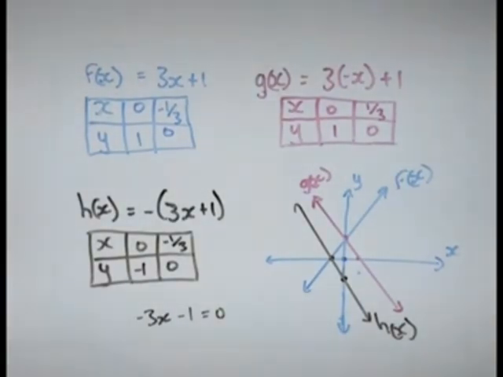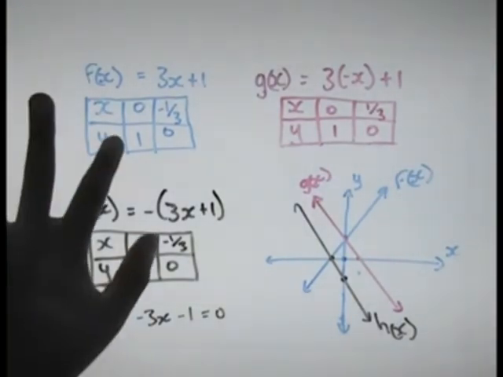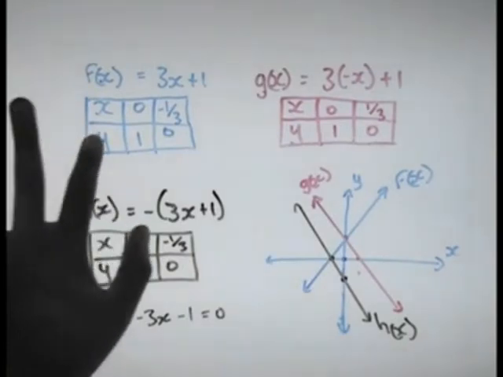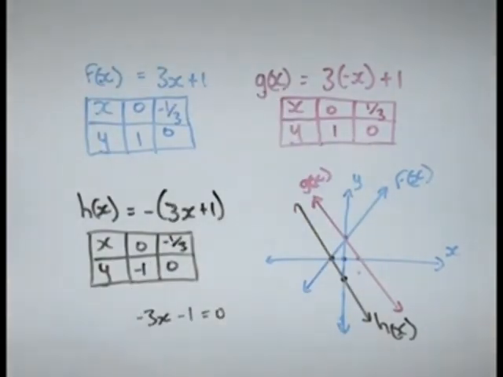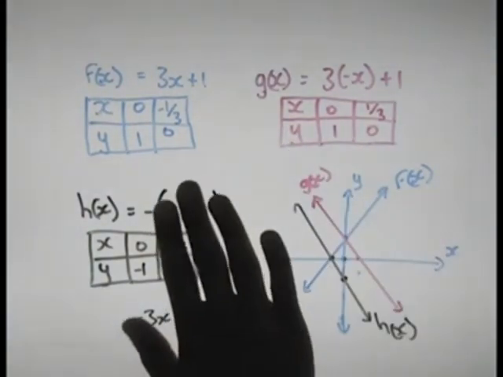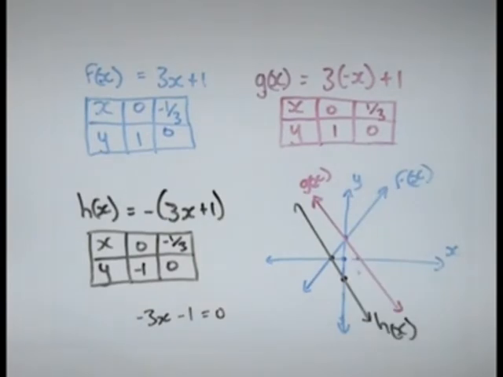Now, I want you to look carefully at what transformations happened from the original f of x graph. When we went from f of x to g of x, we made the x value negative, which means that we flipped our graph around the y-axis.